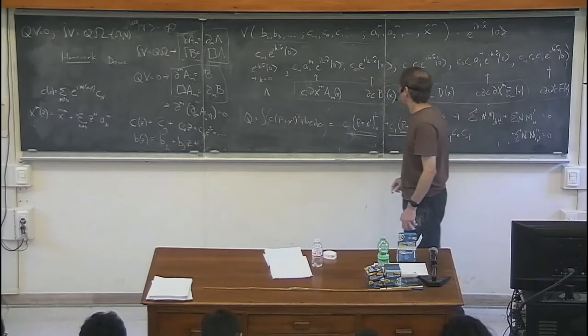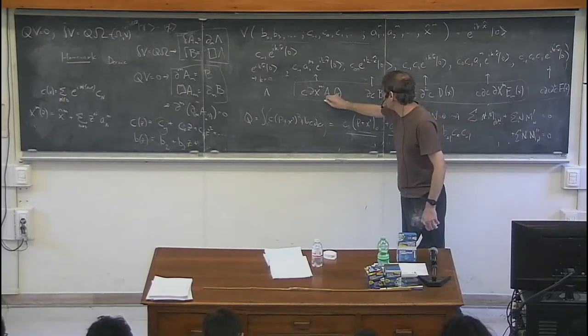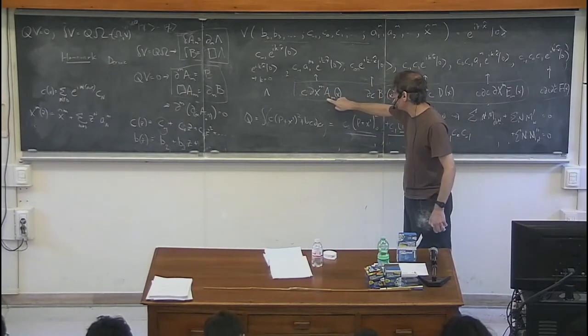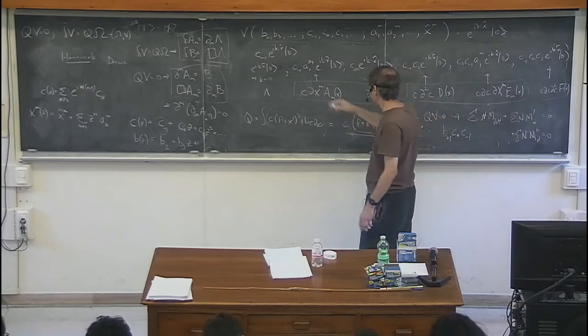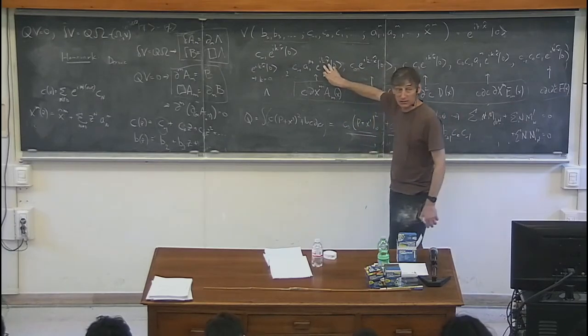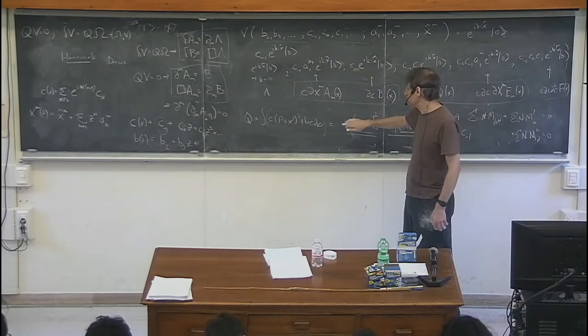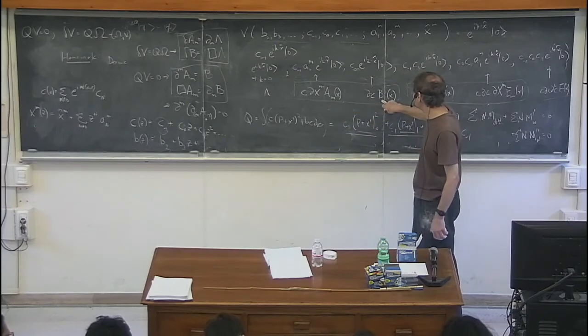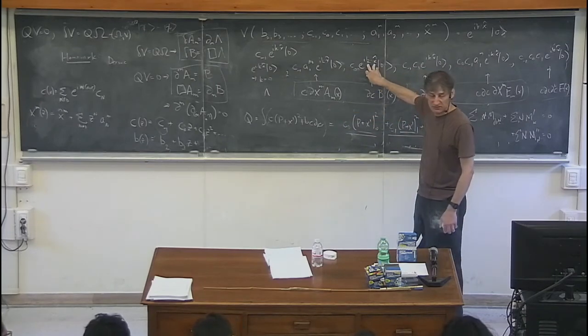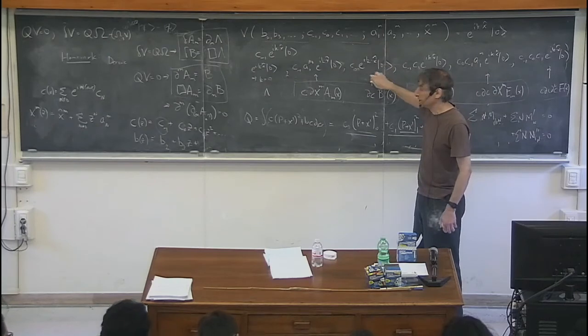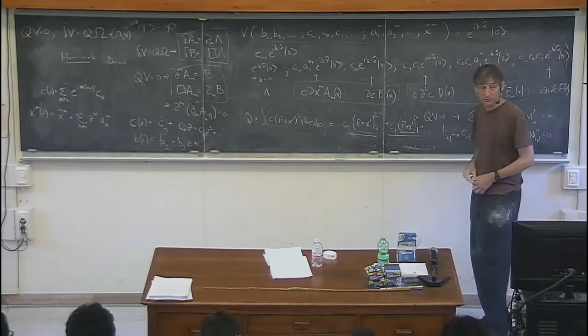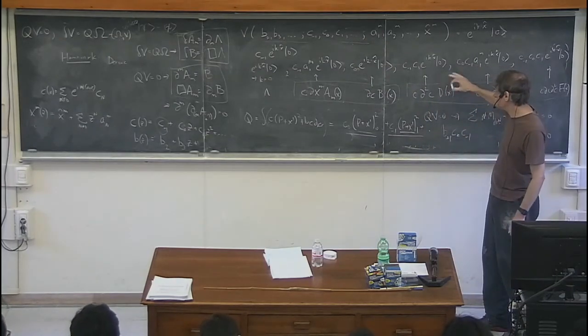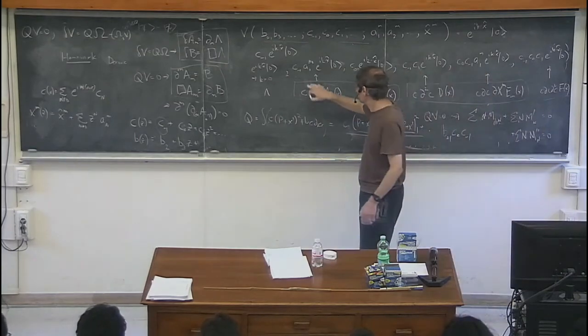Now this Am of x, you should think of this as just polarization times e to the ik dot x. And similarly B of x, if I wrote it in momentum space, would have just this e to the ik dot x dependence. So that's how I translated from these states to these.